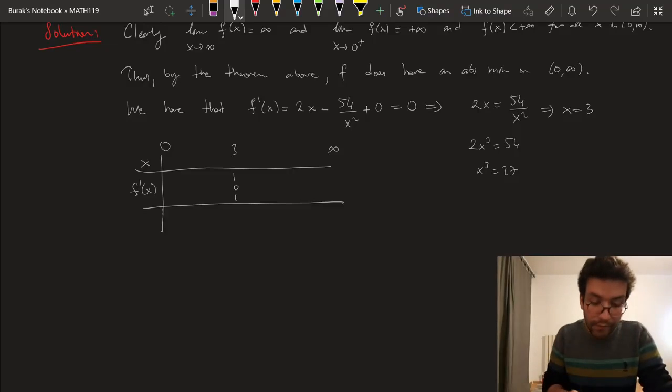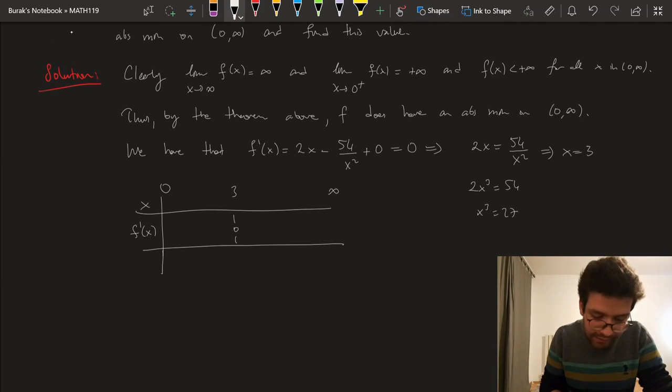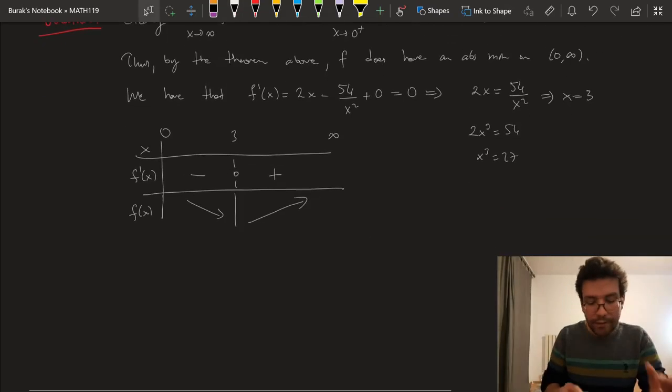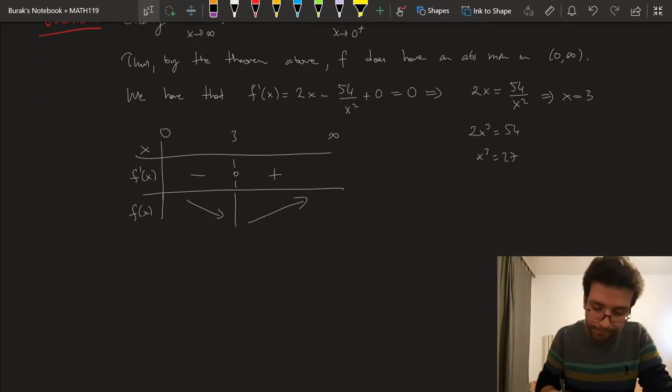My derivative is 0. Now, on the left of this, let's plug in 1 here. If you plug in 1, you're going to get 2 minus 54. You're going to get something negative. So it's going to take negative values over here. Over here, it's going to take positive values. So my function is decreasing and increasing. Okay? Now, let's think about this.